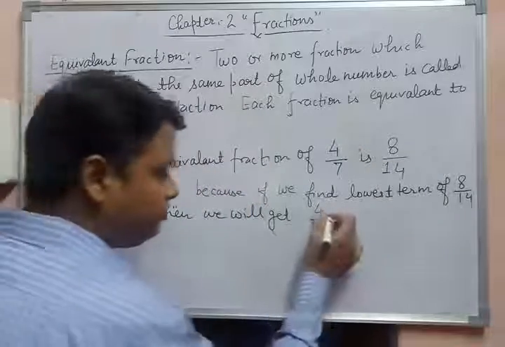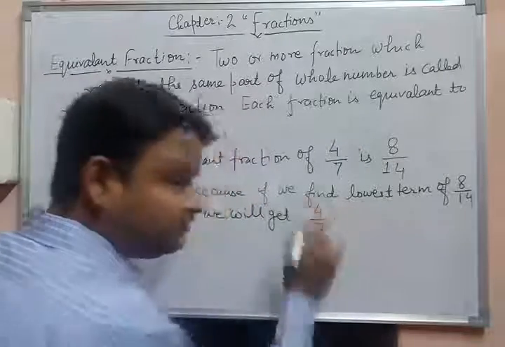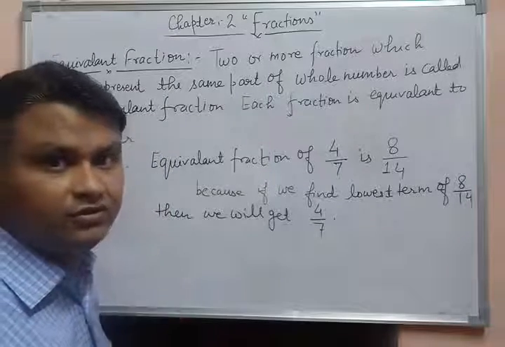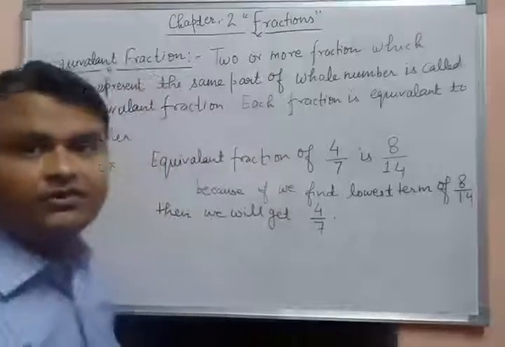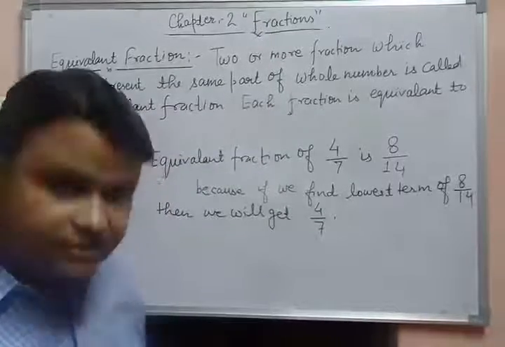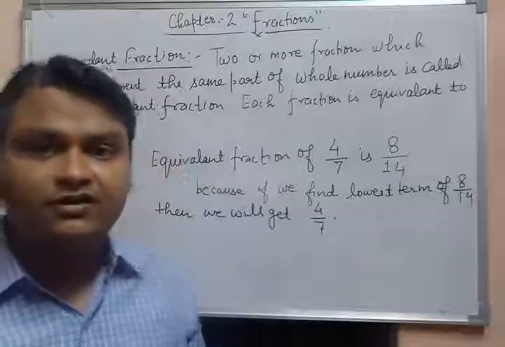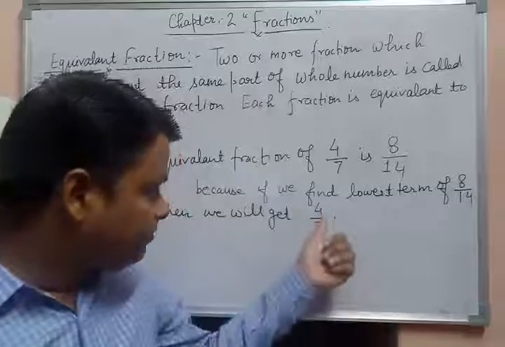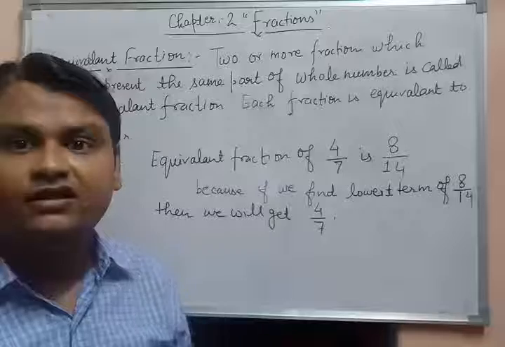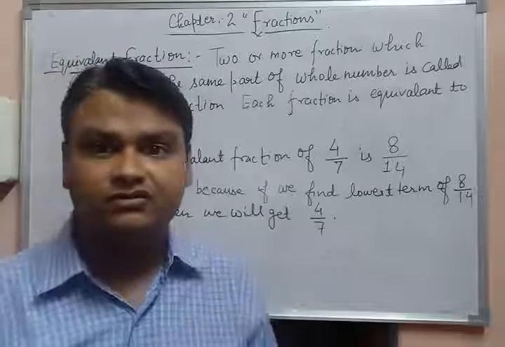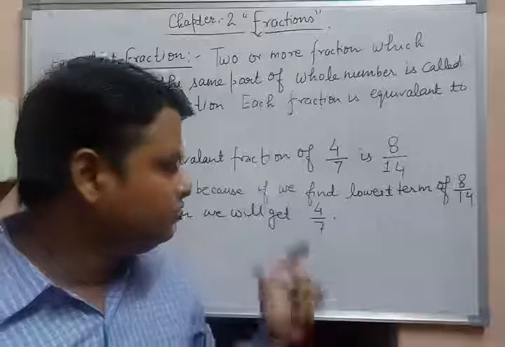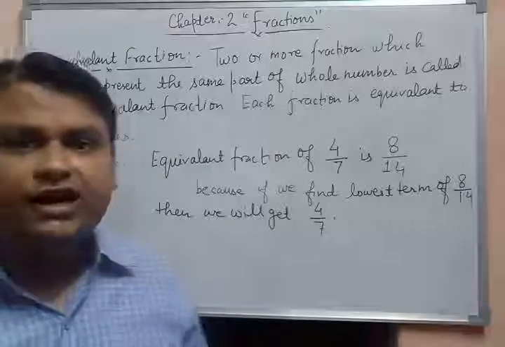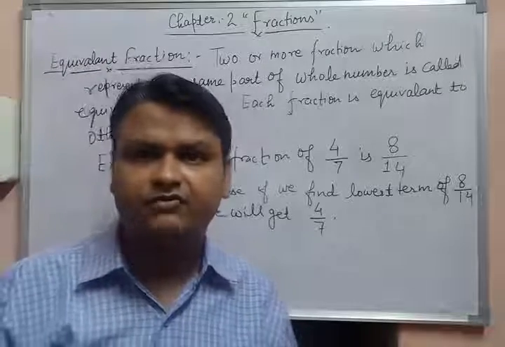Because in 4 and 7 there is only one common factor, which is 1. So this is the definition of lowest term of fraction. It means that if we find the lowest term of the fraction, then the common factor of both numerator and denominator is always 1. So this is the definition, and no need to write it, because it is a very easy definition.